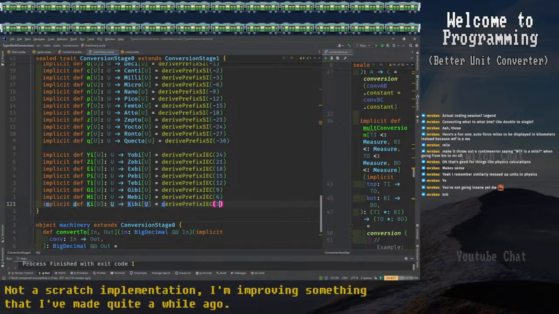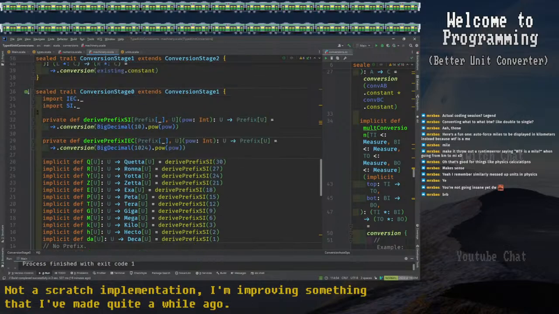And I just realized this is gonna be 1, 2, 3, 4, 5, 6, 7, 8. Nice. And there we go. Now we got a bunch of prefixes. Whoa, careful. I almost knocked everything over again.